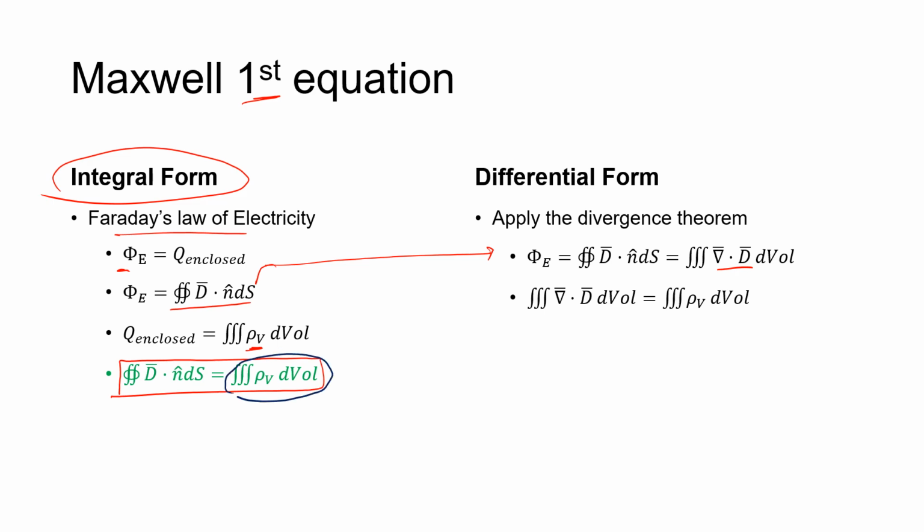If we equate them, we have a triple integral over the volume on each side. This means that what is inside here is equal to what is inside here. And we have derived the first Maxwell equation in the differential form: divergence D equals rho v, or nabla dot D equals rho v.